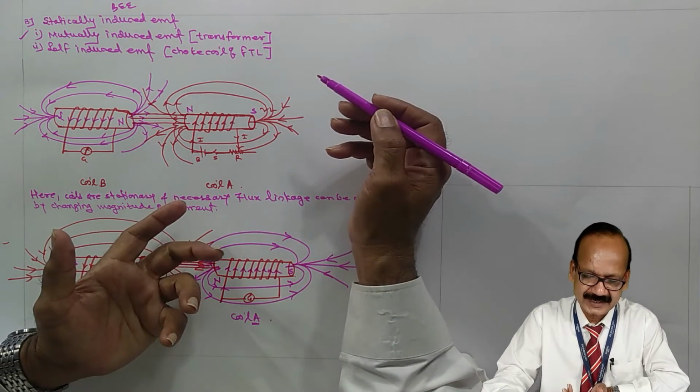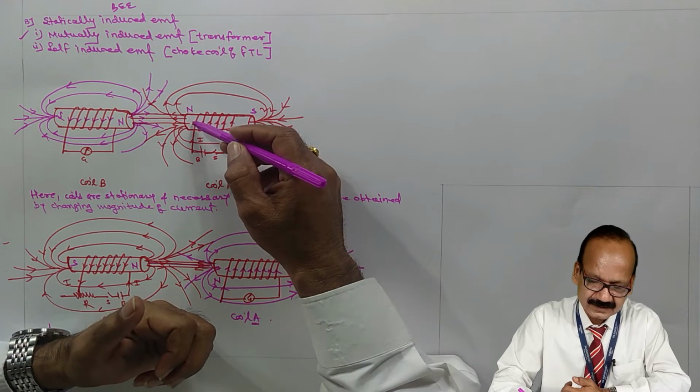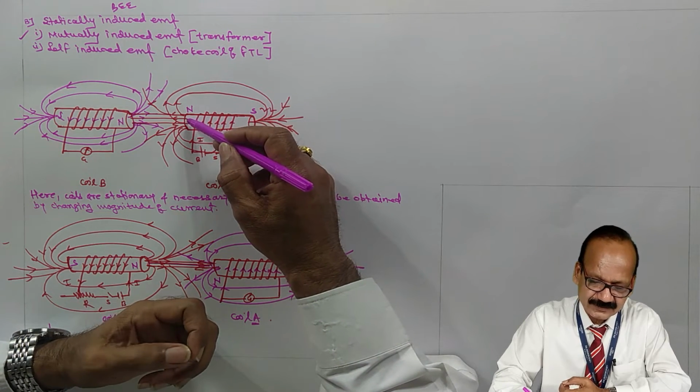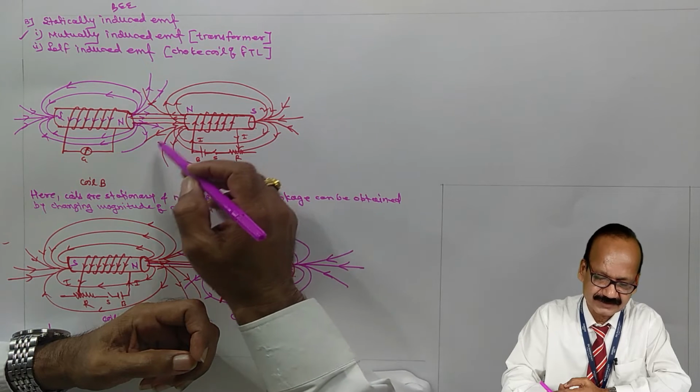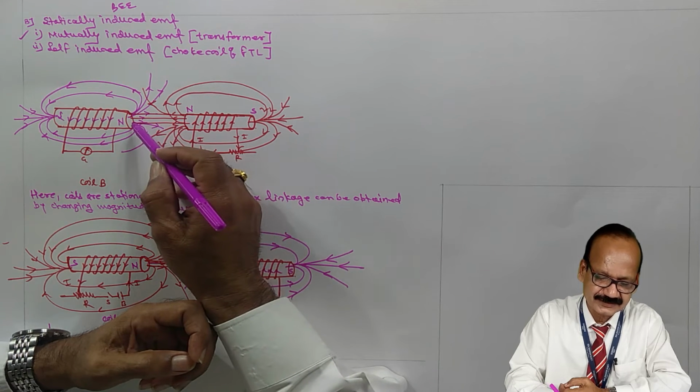So we can show the magnetic field. The magnetic flux originates from the north pole and enters into south pole. So some flux links to the coil B.